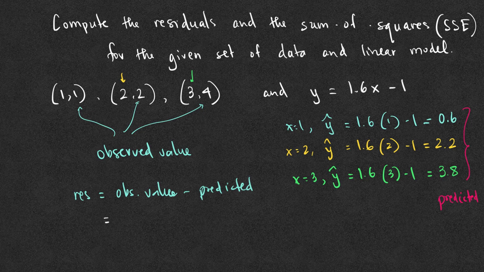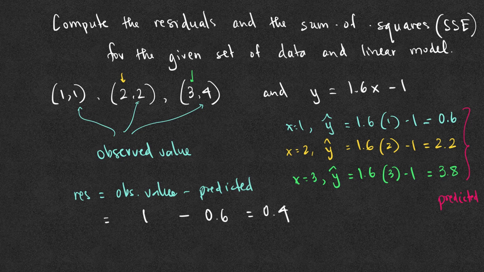In this case, the observed value for the first point (1, 1) is y equals 1, minus the predicted value for the corresponding x equals 1, which is 0.6. And 1 minus 0.6 is 0.4. And this is the residual 1 for the first point.